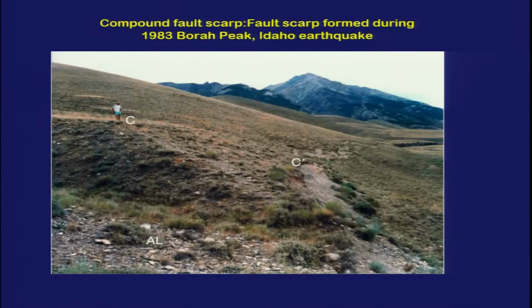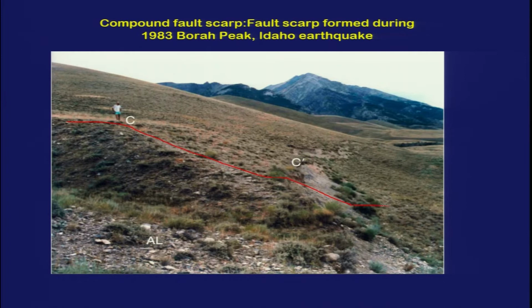Now, the compound fault scarp formed during the Bora Peak earthquake can be seen here, what we were trying to explain in the previous slide. This is an actual ground photograph. You can easily make out that the slope here is gentler, and then as you come here it is much sharper.